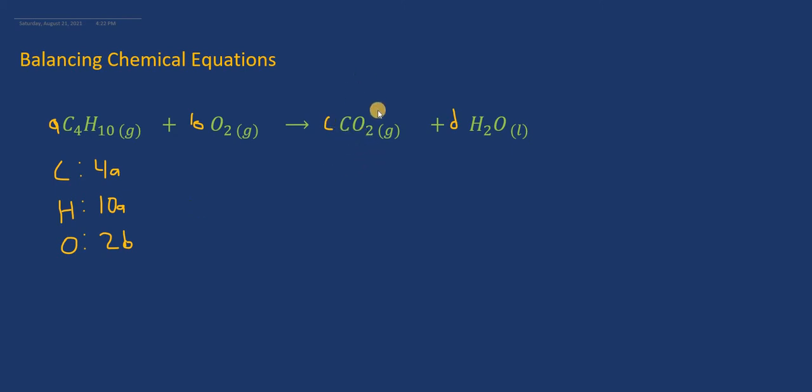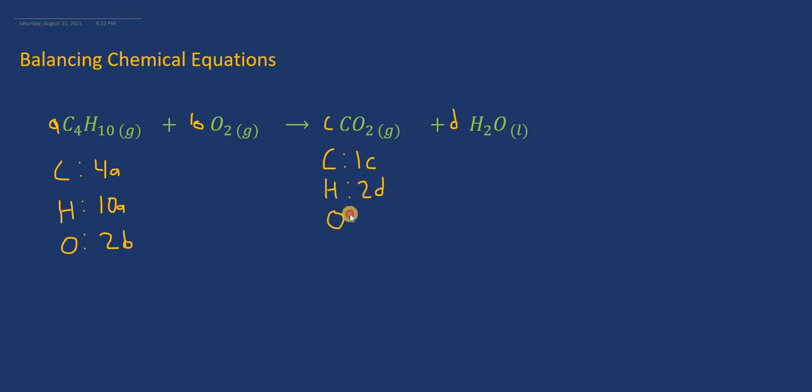And over here, we're going to do the same thing on the right side of the equation. So I'm going to take our elements again, carbon, hydrogen, and oxygen. For carbon, I have 1 carbon and it's paired with the letter C. So I'm going to make this 1C. For hydrogen, we have 2 hydrogens and it's paired with the letter D. So I'm going to make this 2D.